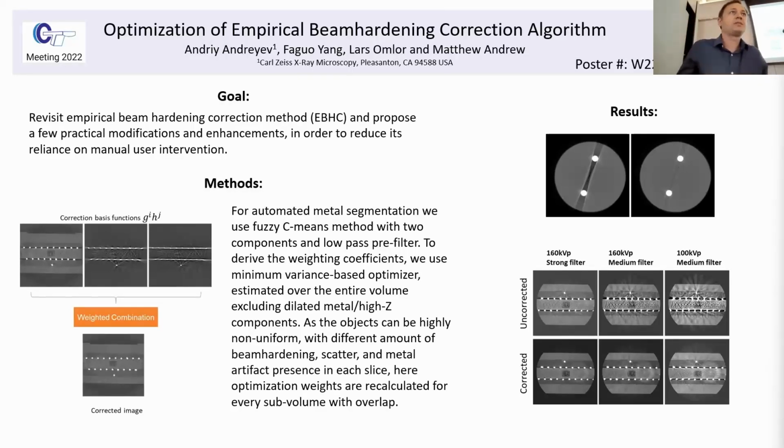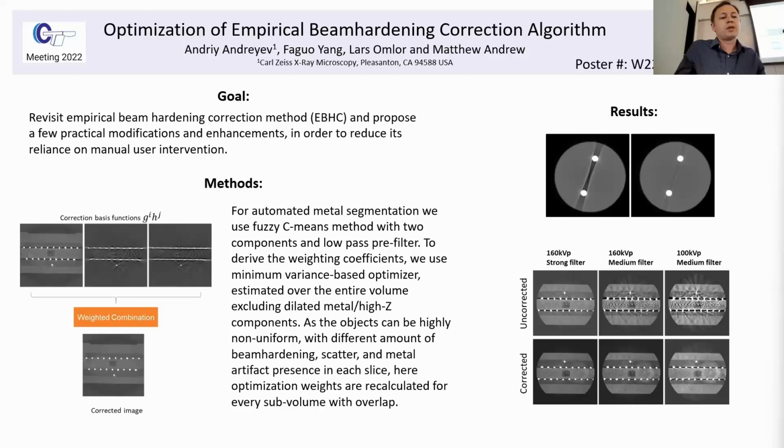Hello, my name is Andrei. I'm from Carl Zeiss microscopy, X-ray microscopy. In this work we revisit what is now a classical beam hardening and metal artifact correction algorithm.